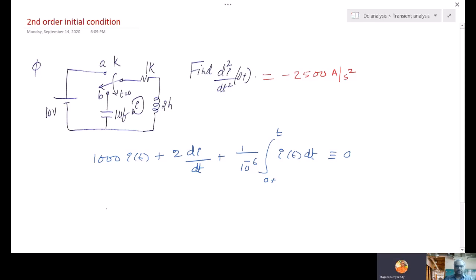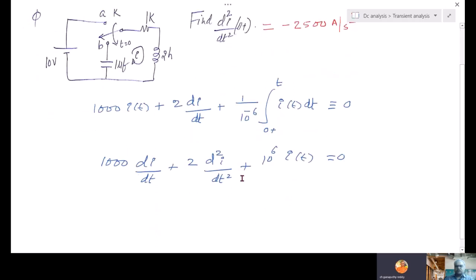But we want d square I by dt square. So differentiate again: 1000 di by dt plus 2 d square I by dt square plus 10 power 6 I of t equal to 0. So what we need is d square I by dt square.